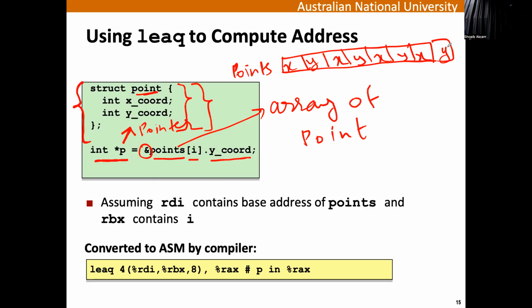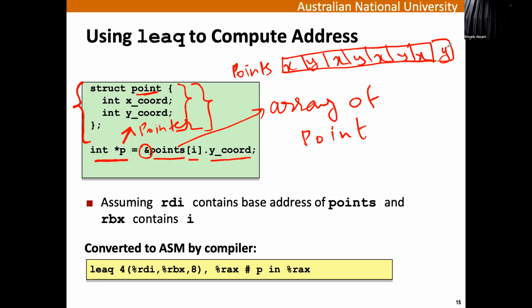It is like an ordinary array, but it is not an array of integers or longs. It is an array of points, and point is a new type, a new structure that I have created that takes two integers and packs them together into a single type. This is how you create new types in C, new structures.